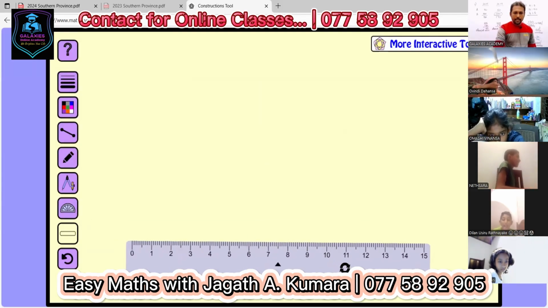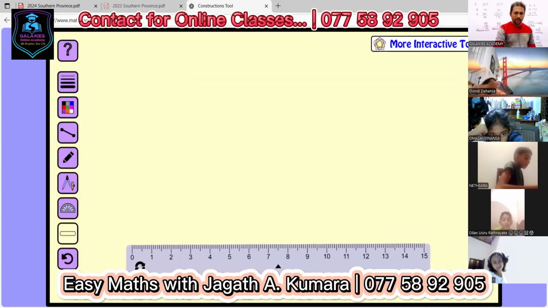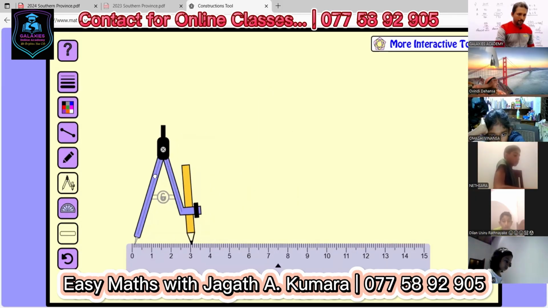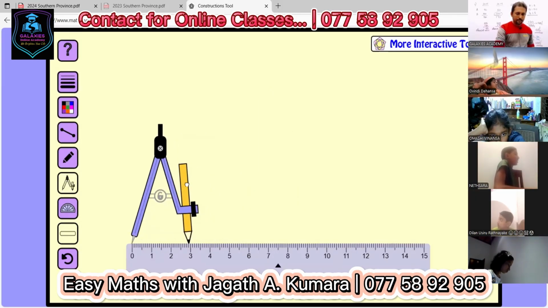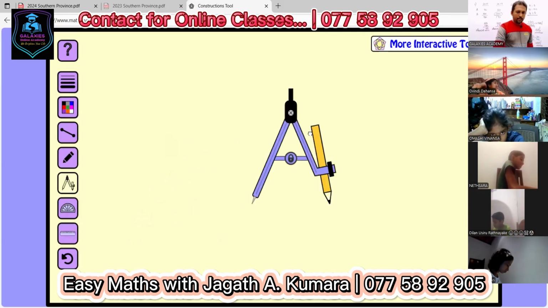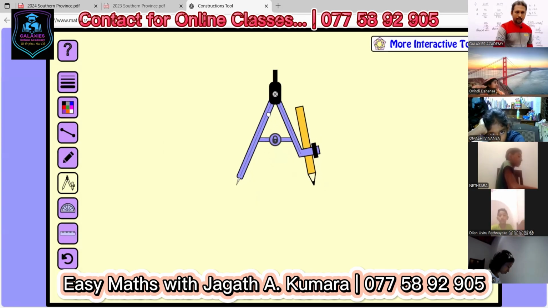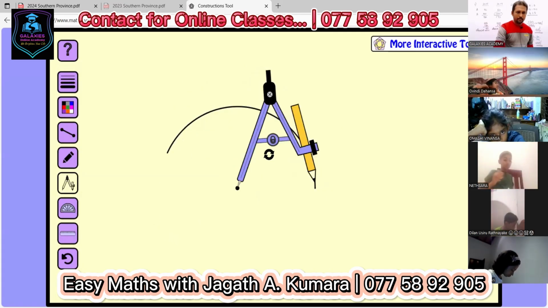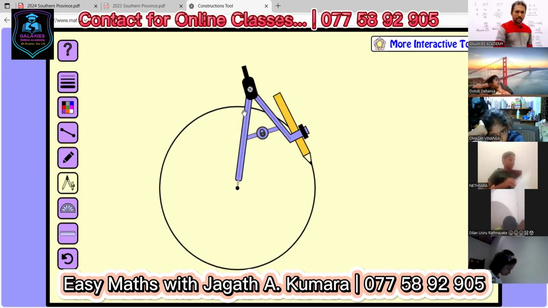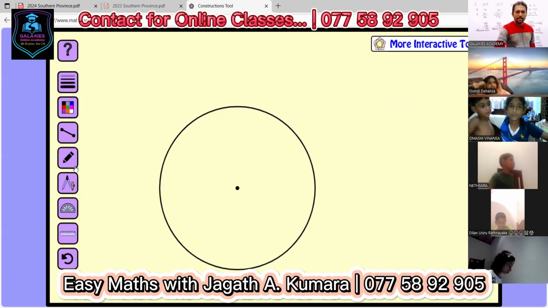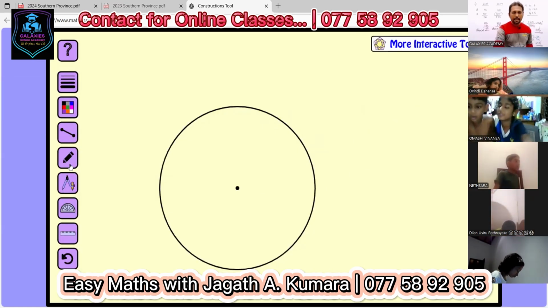Then you can get 4 centimeters to your pair of compass. Then you have to draw a circle. Right, like this circle you have to draw. Then in this question given also you have to mark the center as O.